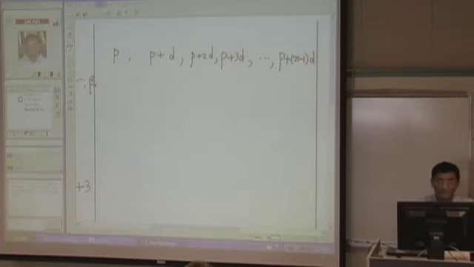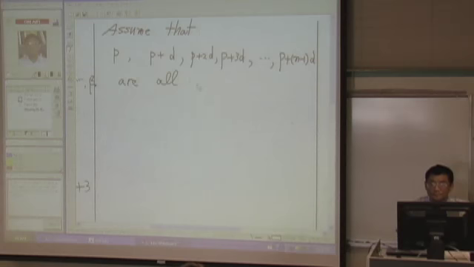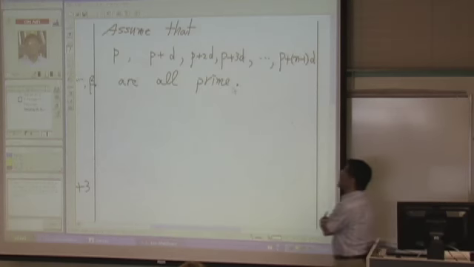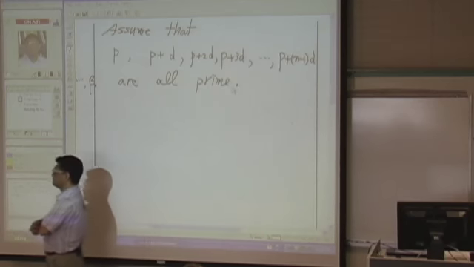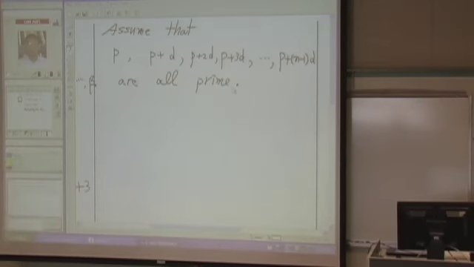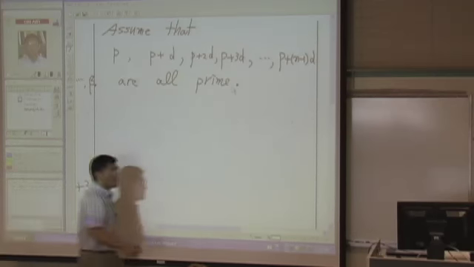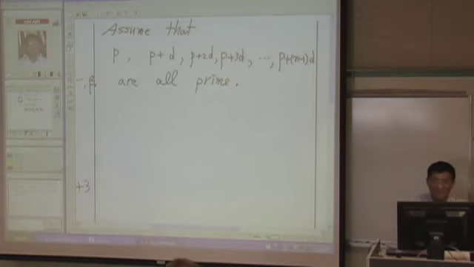Assume that all these are primes. So we assume that all these things are prime. So all of these are prime numbers. Then what is the?